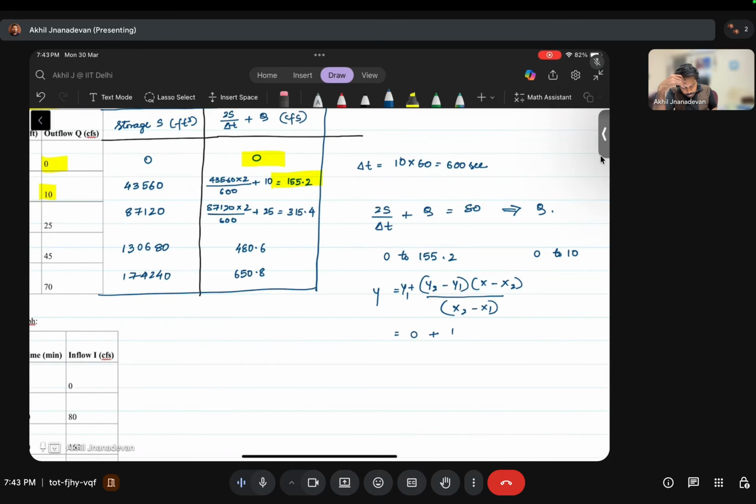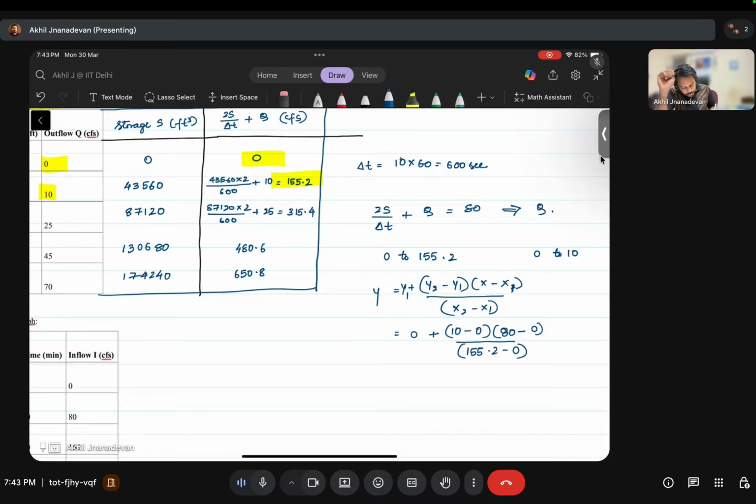y2 is 10 minus y1 is 0, into x, which is what we need, that is 80, minus x1, which is 0, divided by 155.2 minus 0.